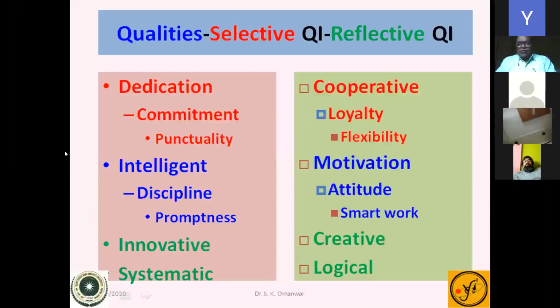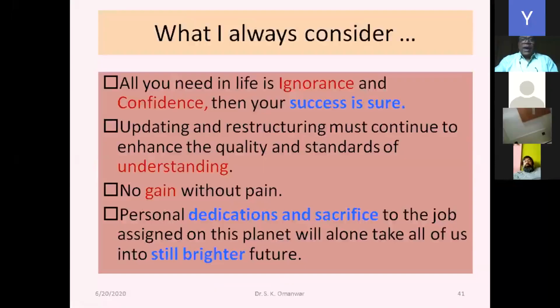If you go for smart work, the time limits can be altered. One should have an innovative mind that is creative, not destructive. A systematic approach is very much necessary, and if the structure is logically organized, it will be very useful. Selective and reflective qualities should go hand in hand.